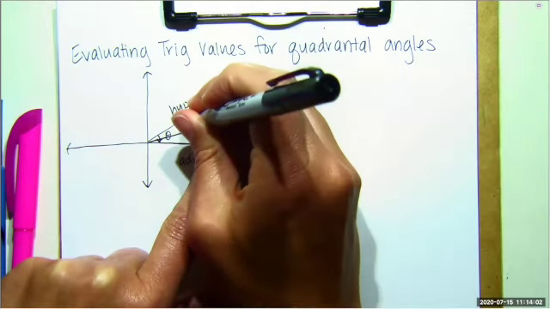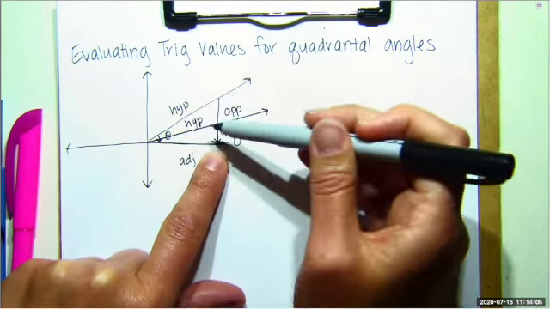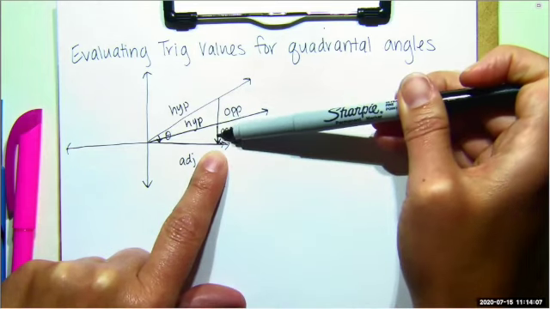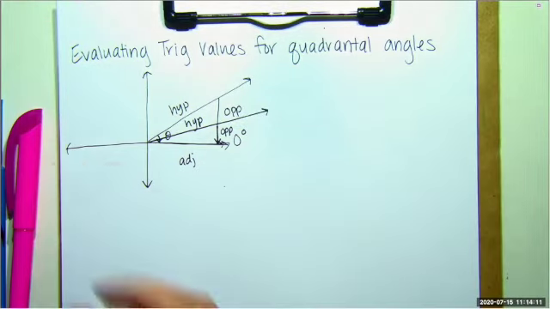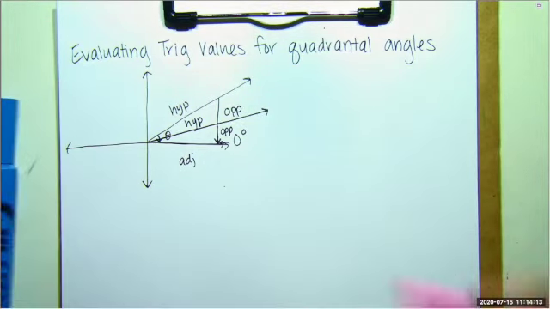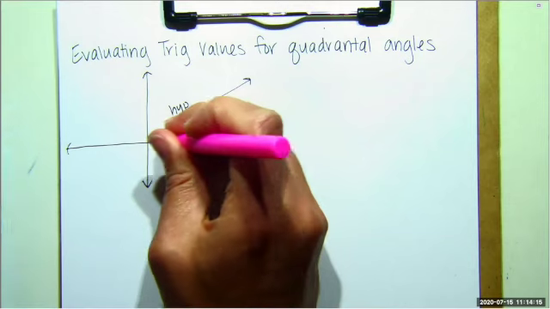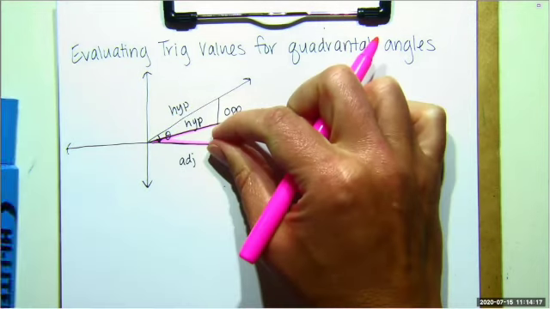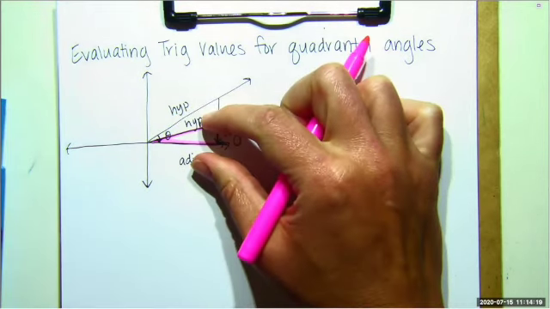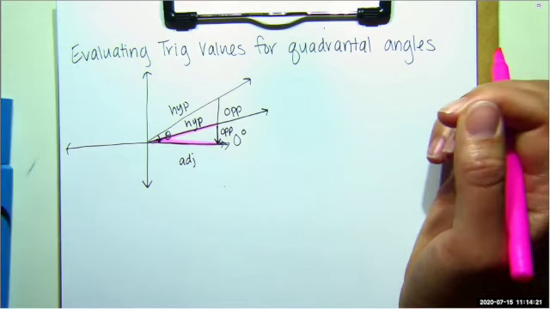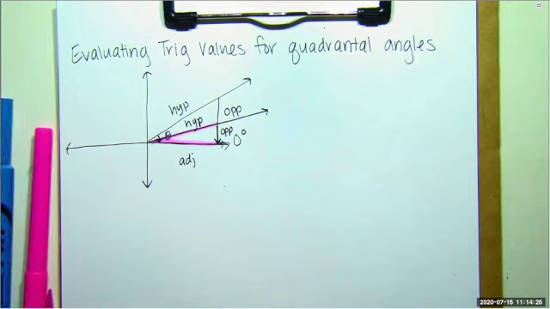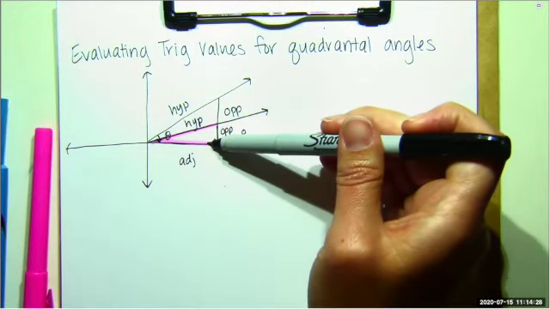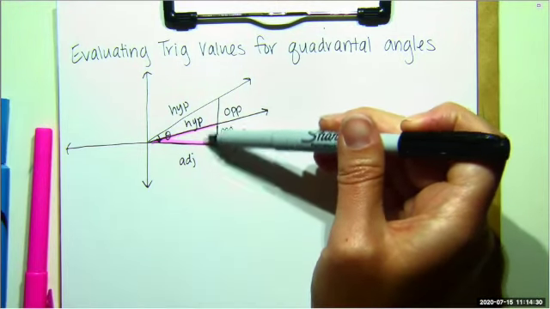Now let's look at what happens to the adjacent and the hypotenuse. As we shrink this triangle closer and closer to 0, the hypotenuse and the adjacent actually become equal to each other, which means that cosine, adjacent over hypotenuse, would be 1 because these sides are actually equal.